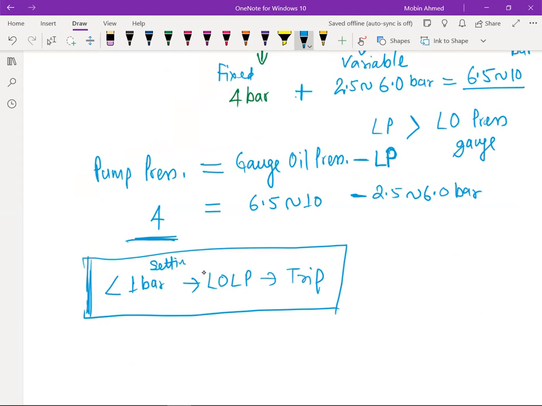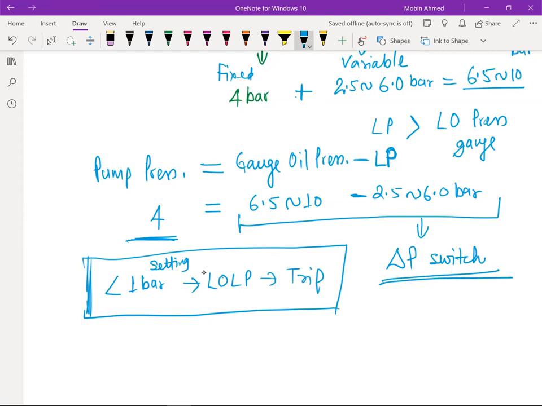Now, to find out if it is going to be less than 1 bar, I am going to use a sensor, and that is known as a differential pressure switch. This is the switch I am going to use. How does it look? Just see.